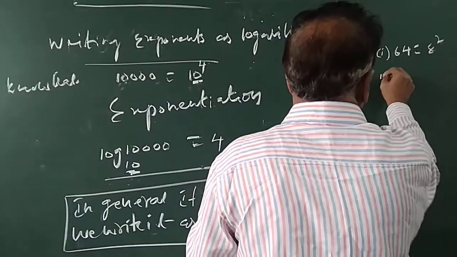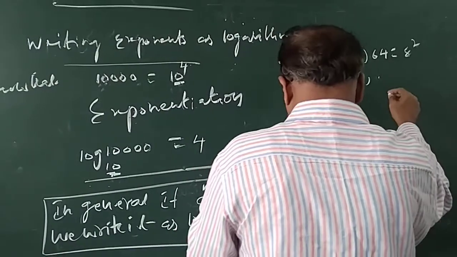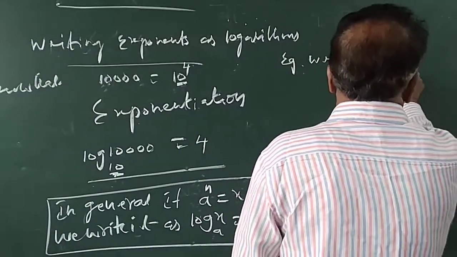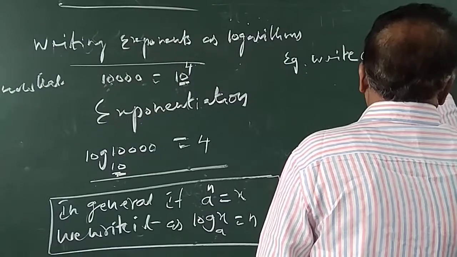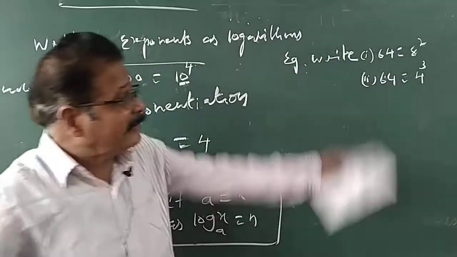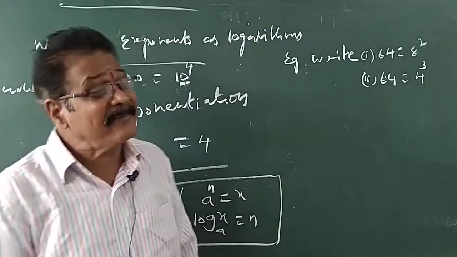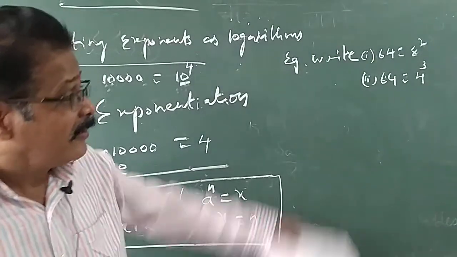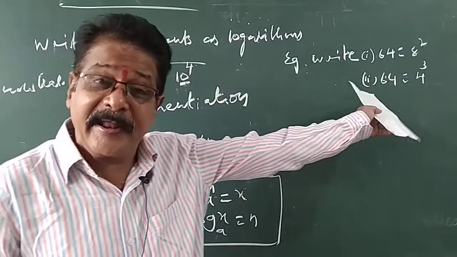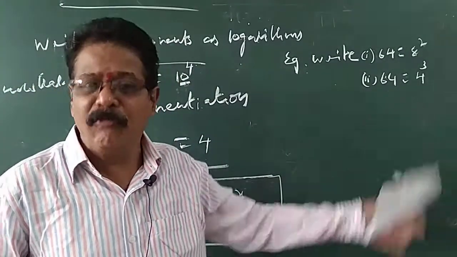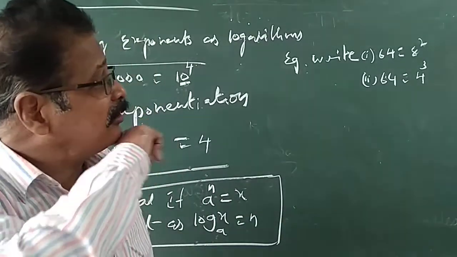Let us observe these two: 64 equals 8 squared, and 64 can also be written as 4 cubed. When you factorize 64, it can be written as 8 into 8, which is 64. It can also be written as 4 into 4 into 4: 4 fours are 16, 16 fours are 64.